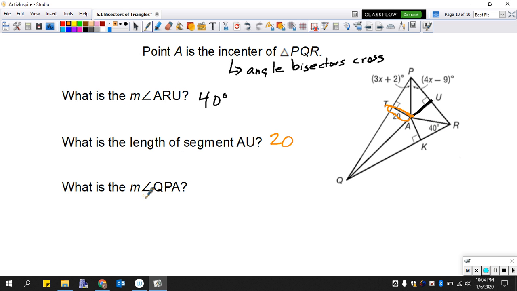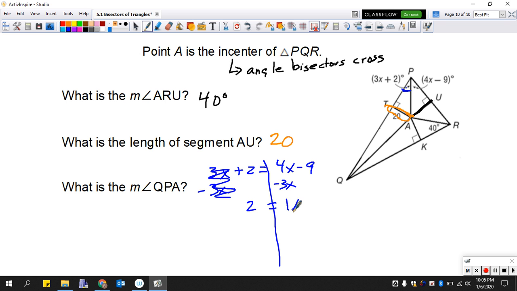And then it says, what's the measure of angle QPA? QPA, that's this angle right here. And we know this is the angle bisector, so we're going to set these two equal to each other, solve for x, and plug it back in. 3x plus 2 is equal to 4x minus 9. Subtract 3x. We're left with 2 is equal to 1x minus 9.